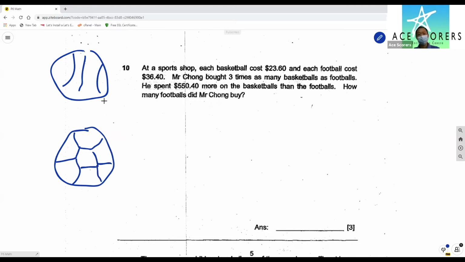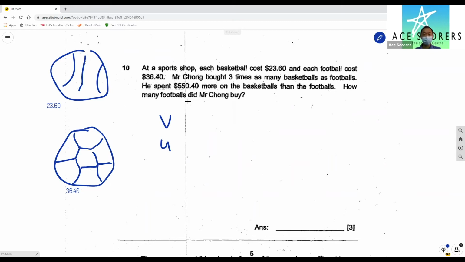So basketball $23.60. Let's step it out. 23.60 and football $36.40. Right? So Mr. Zhong bought 3 times as many basketballs as footballs. Yeah, VU lah. Value units. So value units. What do we do? Multiply. Find VU.